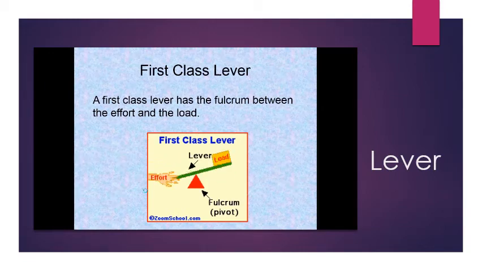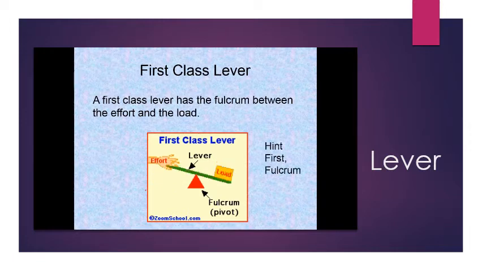One of the things you need to know for this unit is how to identify the difference between first, second, and third class levers. So I'm going to give you a hint. The hint is to remember first fulcrum. If you can remember that both of those start with F, you should be good to go. First fulcrum. So the fulcrum is in the middle. All my hints deal with what goes in the middle.